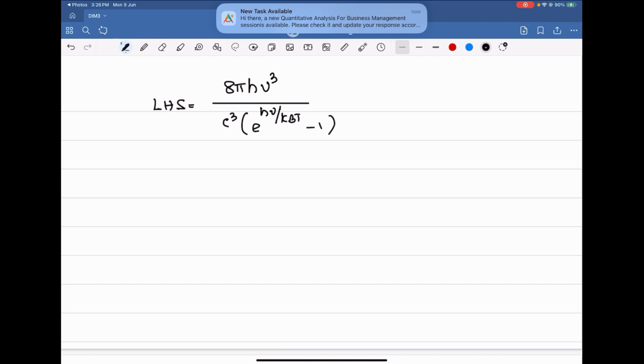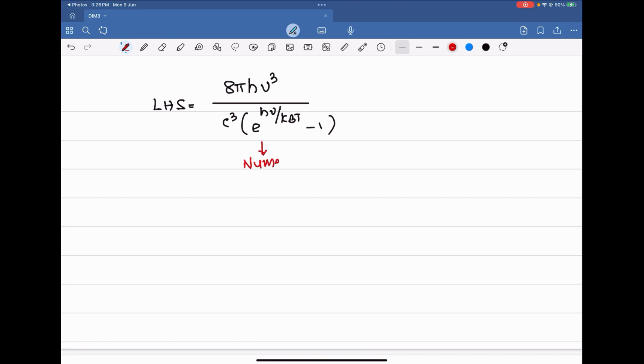Now, this minus 1, e to the power of something, these are all numerical values. They do not carry any dimensions in dimensional analysis.